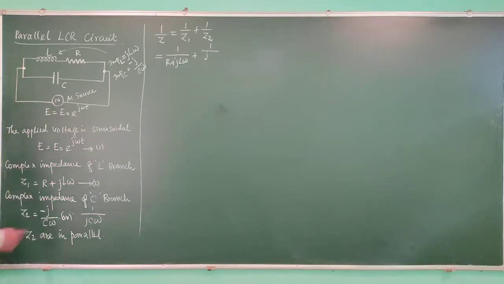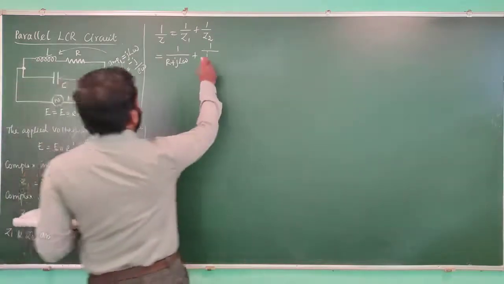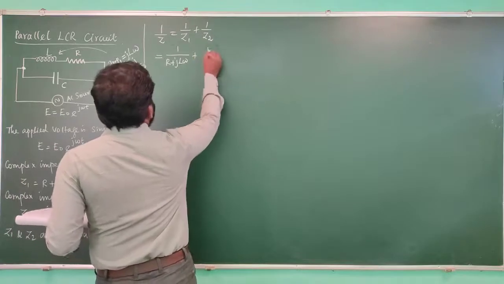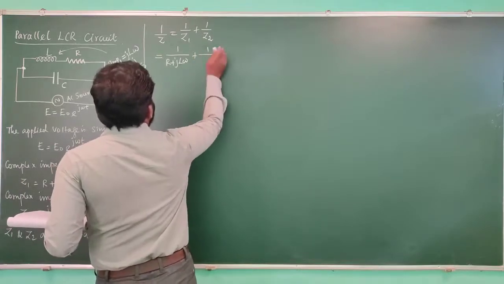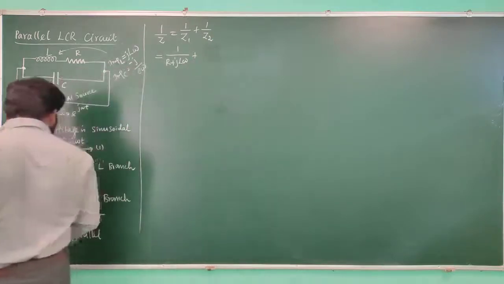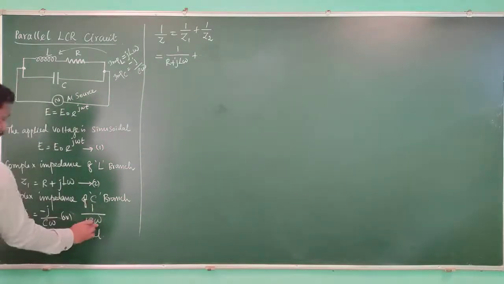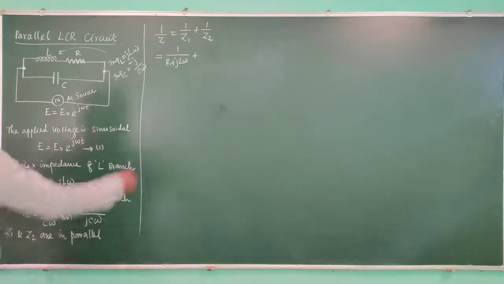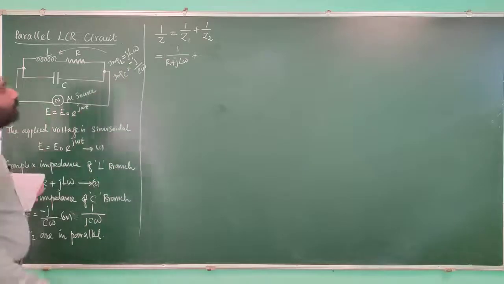How? We can multiply j on both sides. So j into j square equal to minus, minus minus plus, there is a denominator j, right? So Z2 equal to 1 by j C omega, earlier we had this minus here, fine.